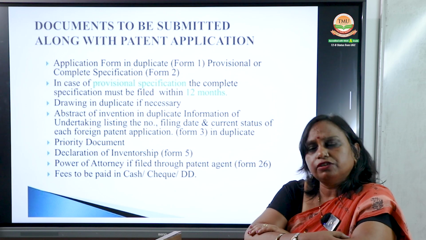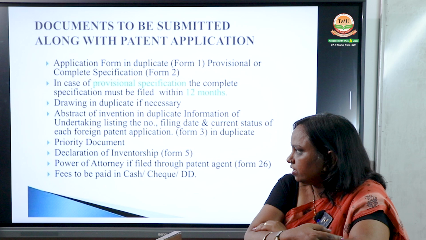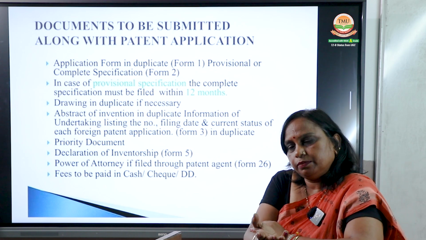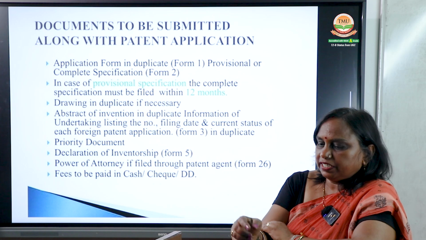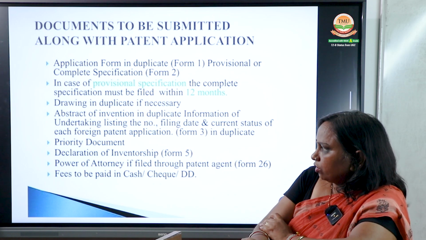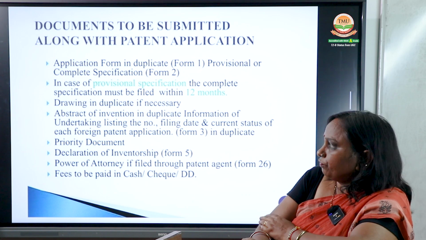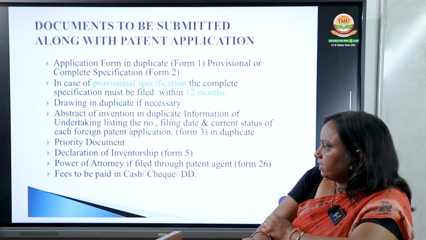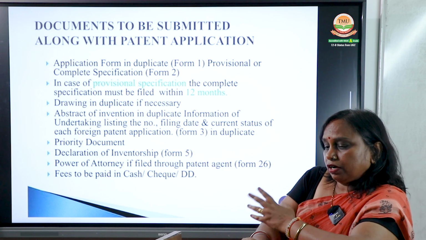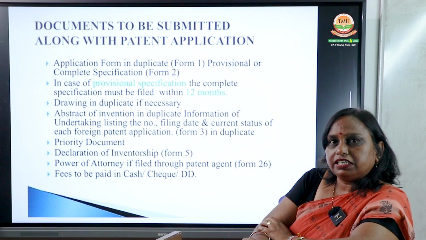Nowadays, agents are there who can file a patent on behalf of the inventor because they give professional services pertaining to that work. So you can also do that through power of attorney, through the patent agent, and declaration of invention. And you are also supposed to pay the fees either through cash, cheque or demand draft.